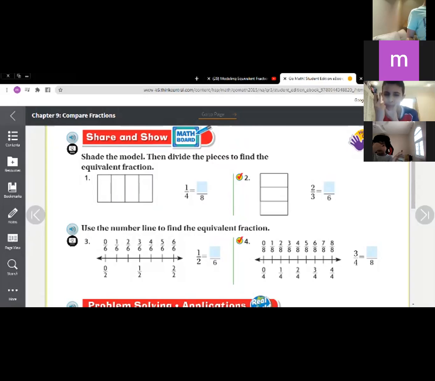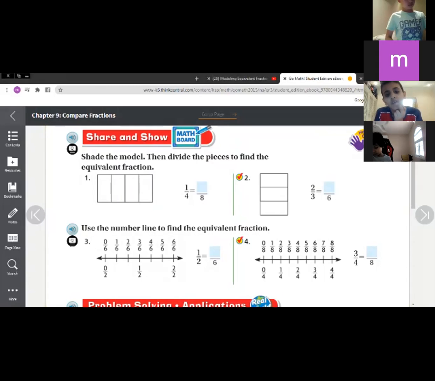Question 1. Shade the model, then divide the pieces to find the equivalent fraction. What is the first fraction, Yazan? It is 1/4. So how many parts should I shade? 4?